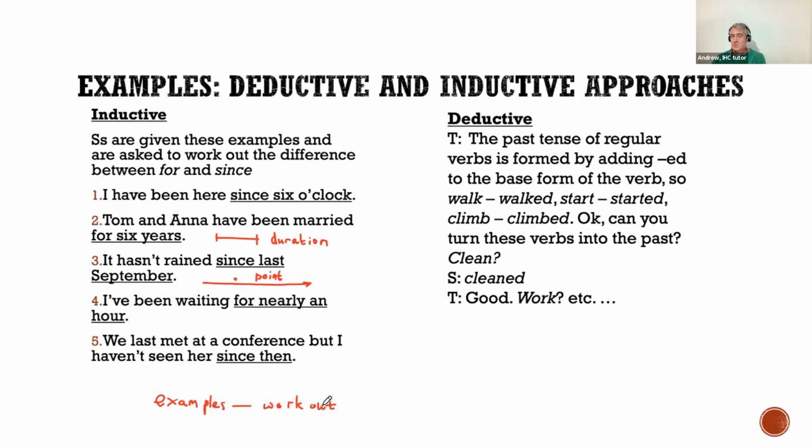We can guide them. Now, the deductive is more of a traditional approach, isn't it? Because you give them the rule. Here's the rule. We explain the rule. Okay, now apply it to examples.